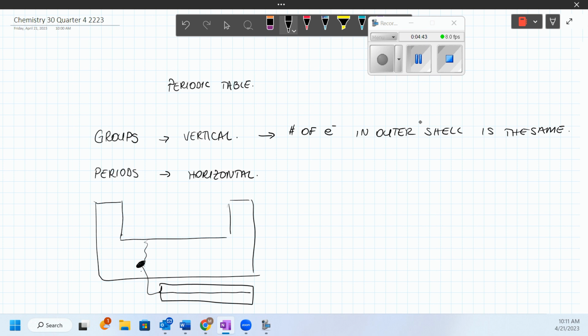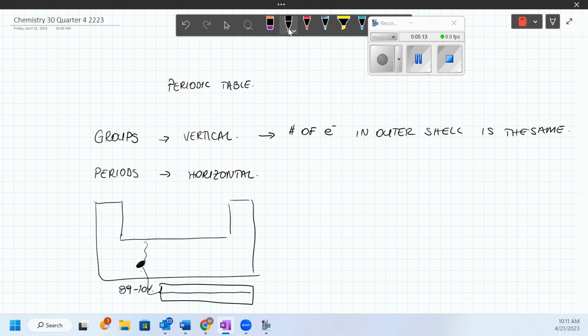Those are elements from 89 to 104. And as I said, in total, there are about 118 elements that are established to be known as all of the elements in our world.